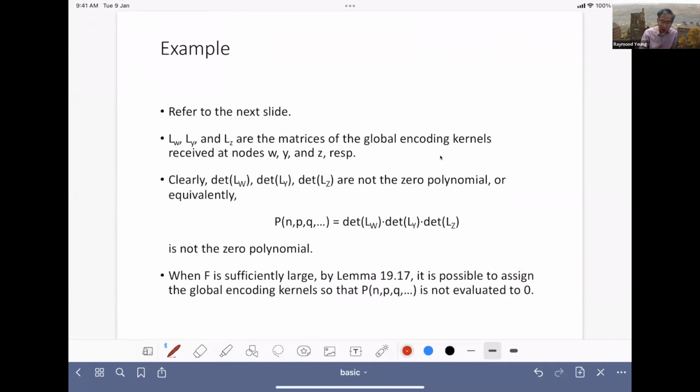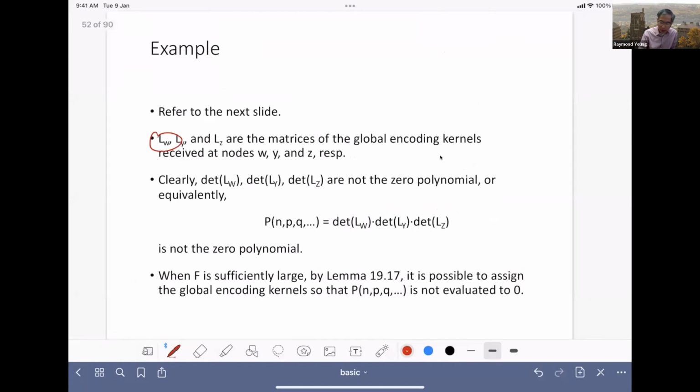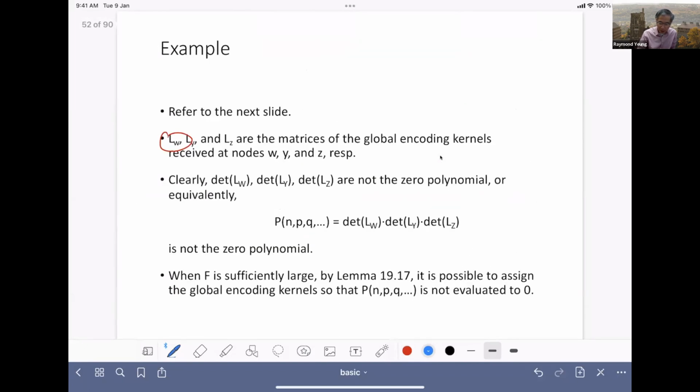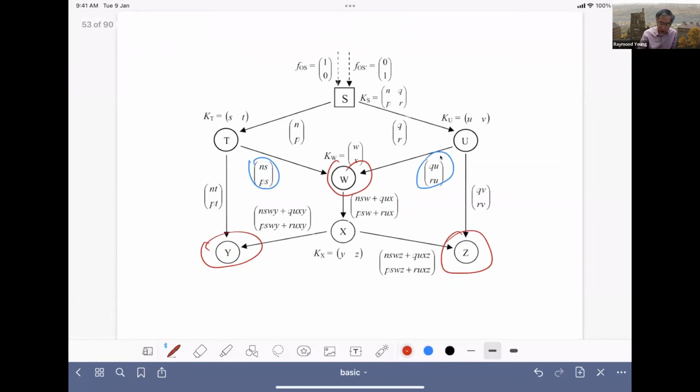So L_W is formed by putting these two vectors together to form a 2x2 matrix, and L_Y is a matrix formed by putting this vector with this vector, and L_Z is to put this vector and this vector together to form a 2x2 matrix.